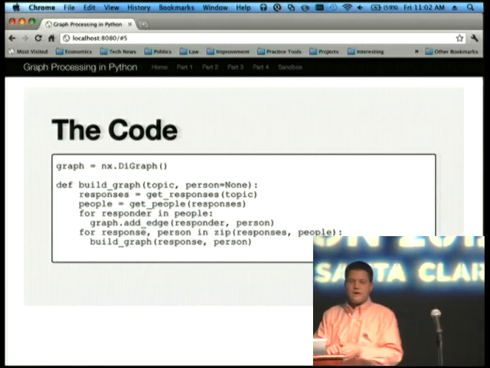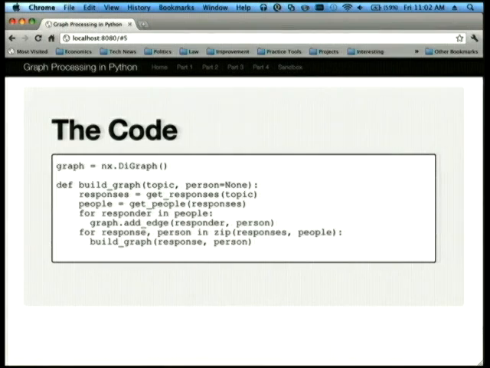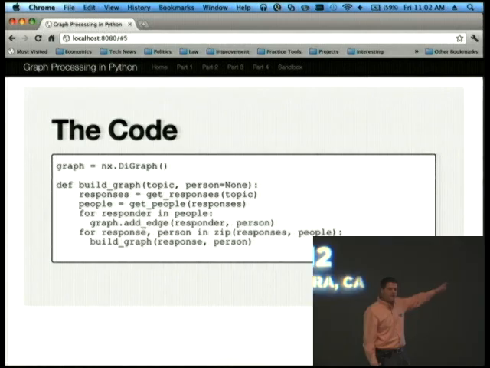If you'll notice, I've got this build graph function here. Actually, it's easier to point to here. I'm using NetworkX, a DiGraph, that's for a directional graph. So I had a topic and I had a person. I got all the responses, and all the people that made responses.